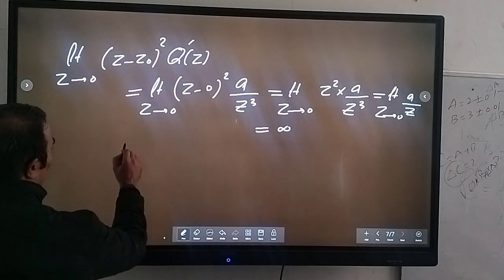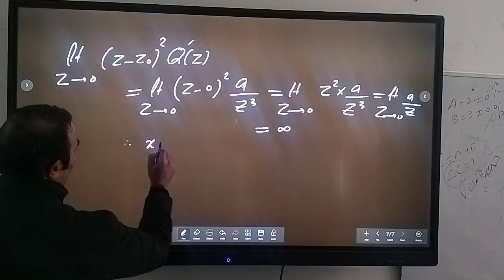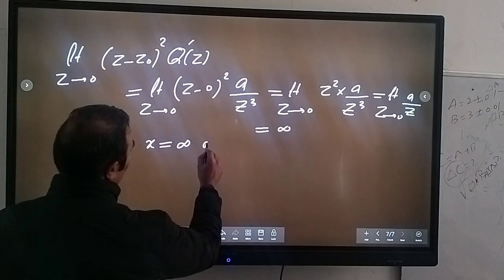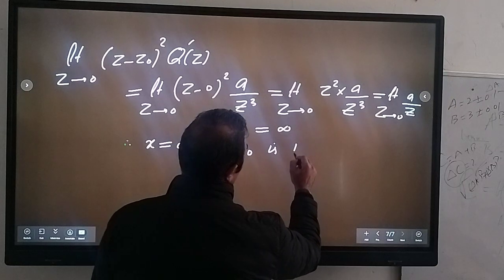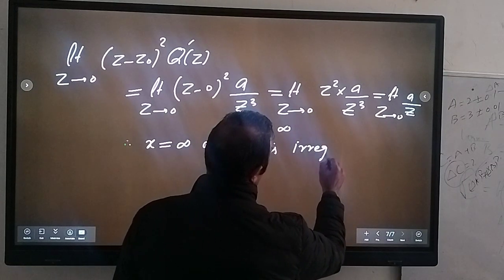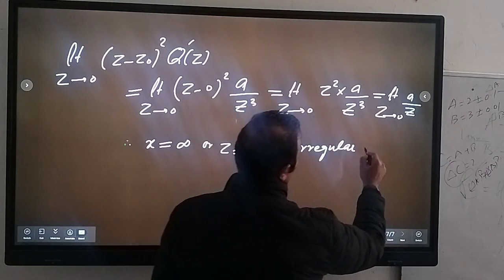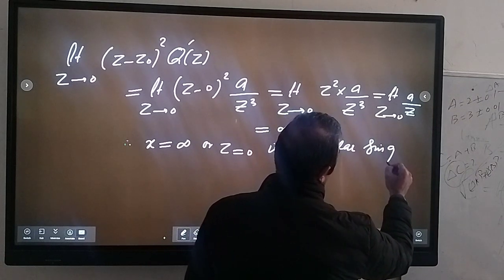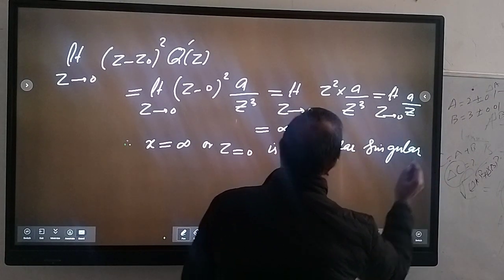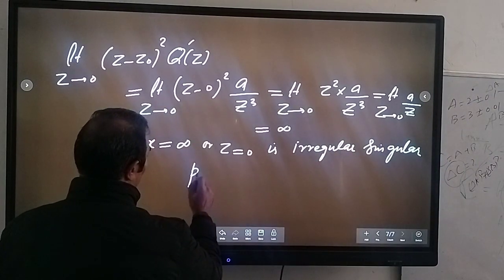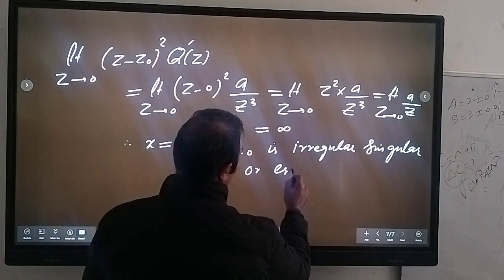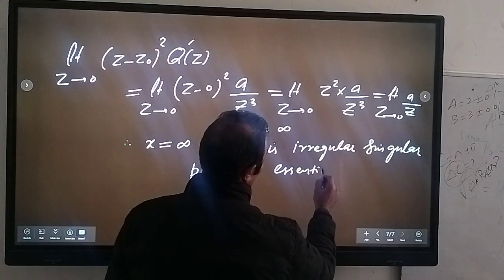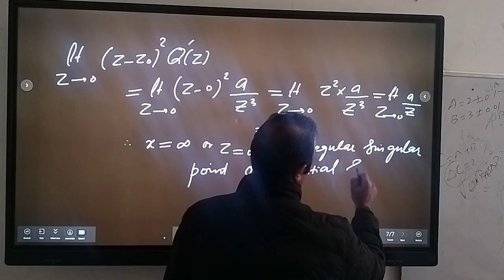So that means we can say, therefore we can say that x equal to infinity or z equal to 0 is an irregular singular point or essential.